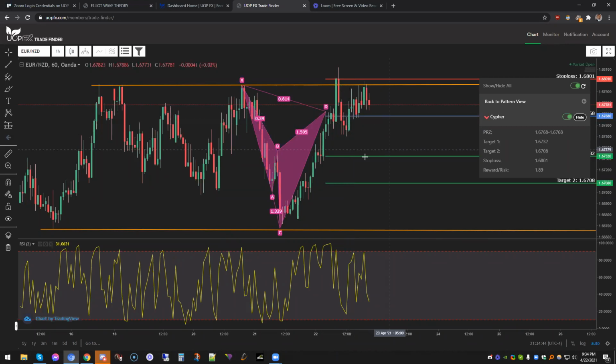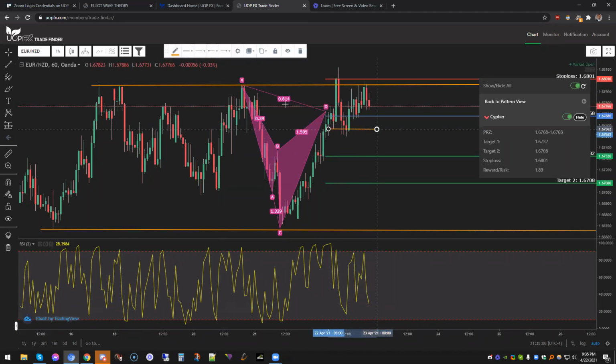Now you can see here that the market did not go all the way to my profit target within these two sessions. It simply went up and down, just moving sideways. Okay, let me use a rectangle.